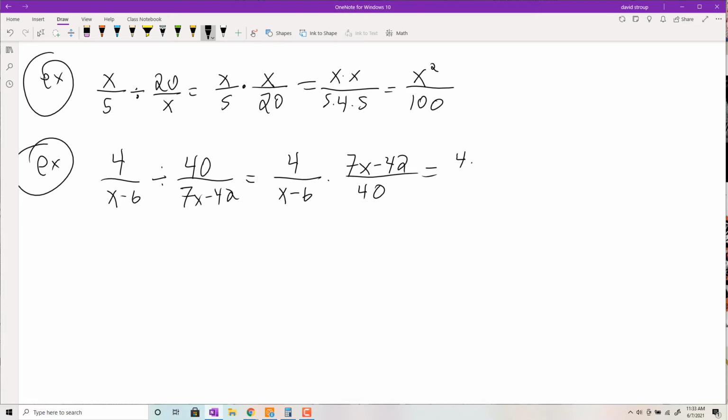I'm not going to bother though. And then I can factor a 7 out of the 7x minus 42, so that'd be x minus 6. Downstairs, I have an x minus 6 and then a 40. I'll factor that as 4 times 10 because I see that there's going to be a common factor of 4 in the numerator. Okay, so I'm going to remove the 4s, remove the x minus 6s, and I'm getting 7/10. Final answer.